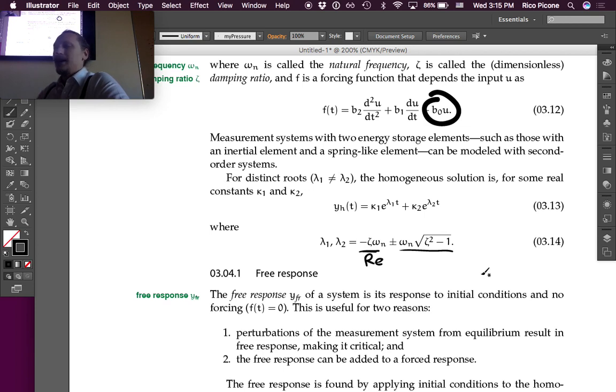So good times ahead. Now, did anybody's differential equation class, because I know you all did second order differential equations, use this zeta omega n notation, or did you use other parameters? It just depends on where you take things, what people like to use, but there are others.